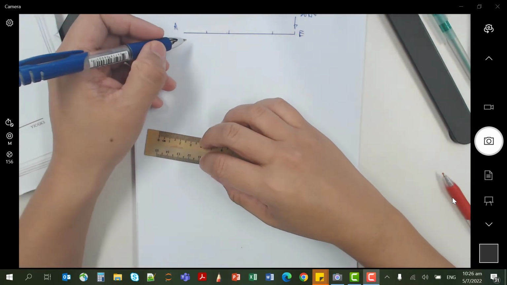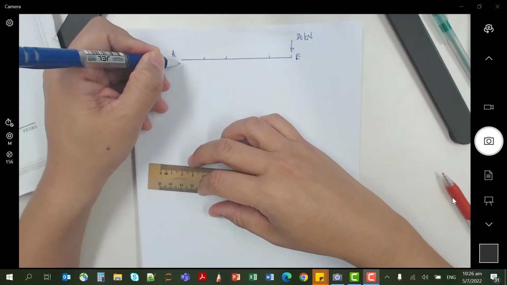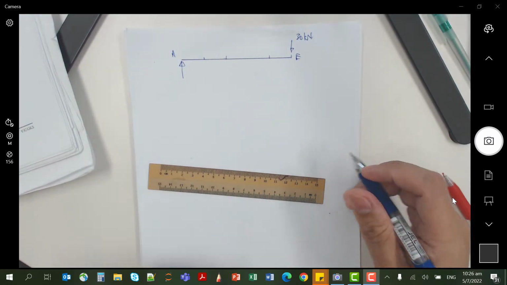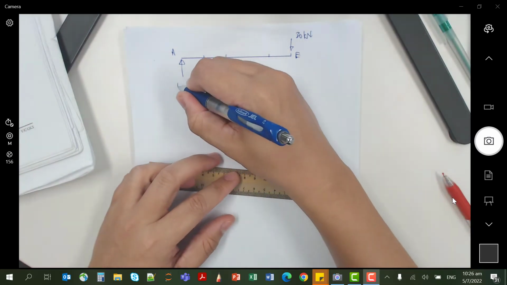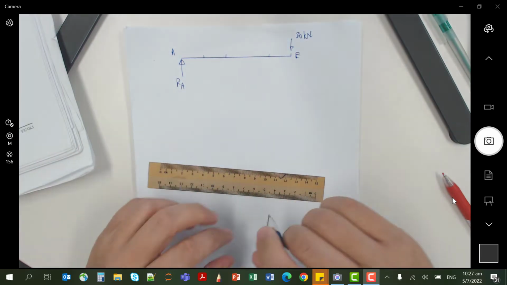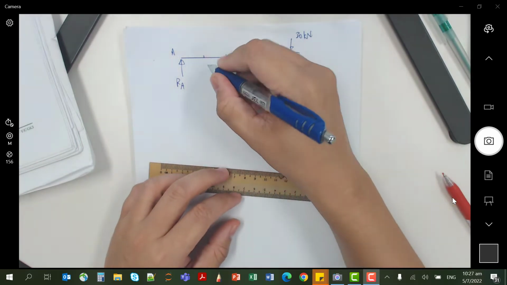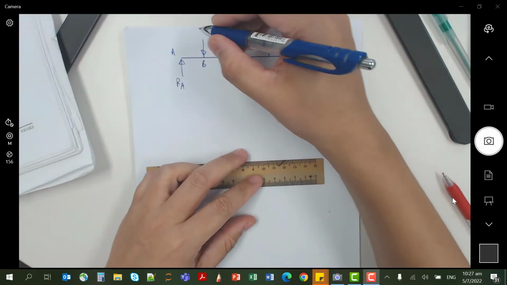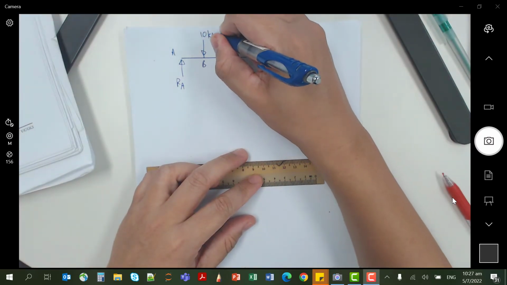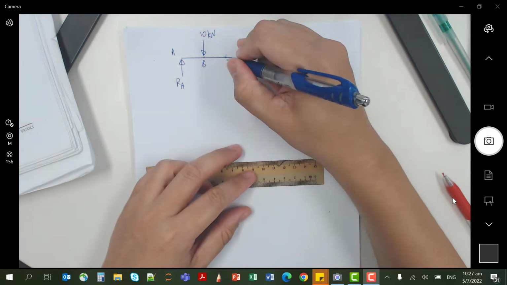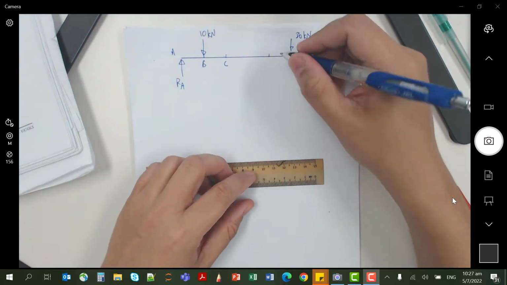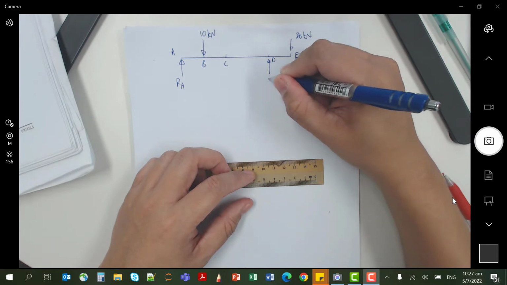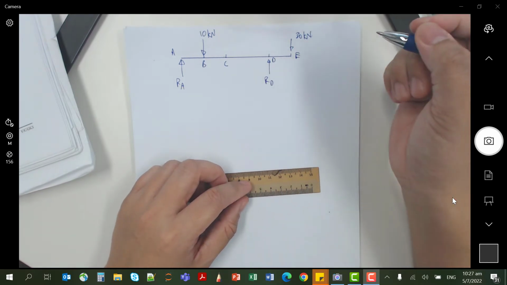A is the support, right? So you should have a reaction here, reaction from the support. So I call this RA. At B, there is a 10 kilonewton. At D, there is also a support, so we call this RD.